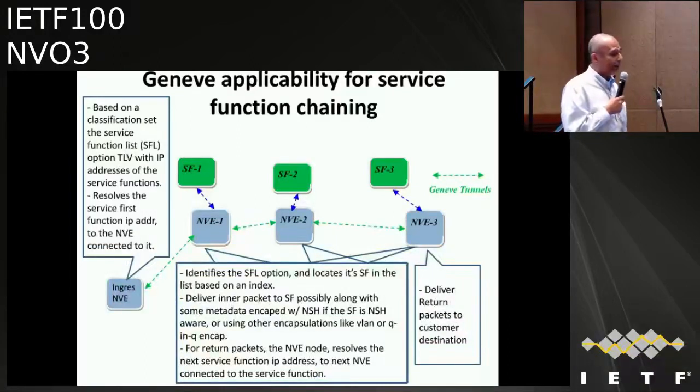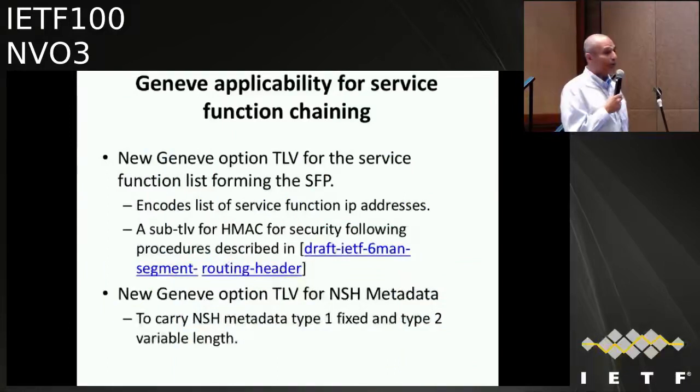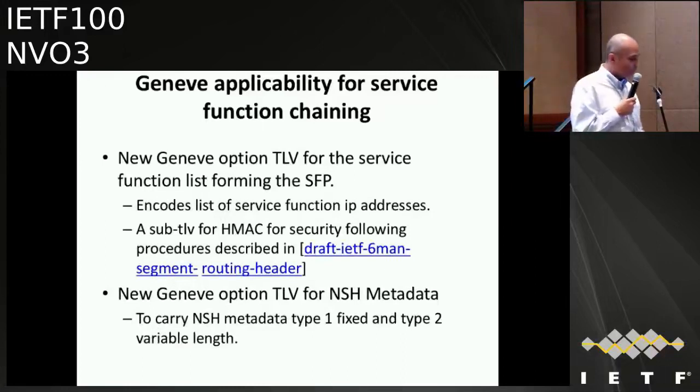There are definitely a lot of details on exactly how to do that. And I think in the previous slide, I forgot to mention that the source routing TLV could be secured as well with some authentication, following the procedure described in the segment routing header draft for v6. That source routing TLV can include both IPv4 and IPv6 addresses, so it's not limited to only v6; v4 or v6 can be in that service function list.